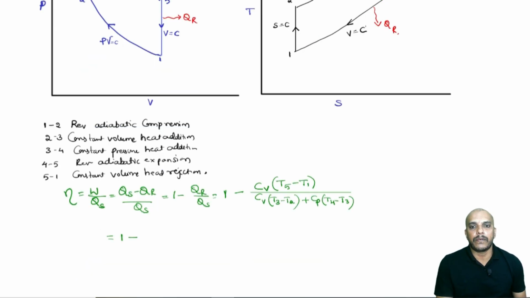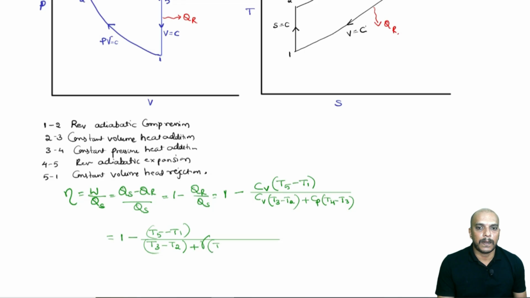This can be further simplified with 1 minus, Cv cancels out. So, this can be (T5 minus T1) divided by (T3 minus T2), but here it will be Cp by Cv. So, this can be taken here in the denominator. So, Cp by Cv, that will be gamma into (T4 minus T3). So, this is our efficiency equation.